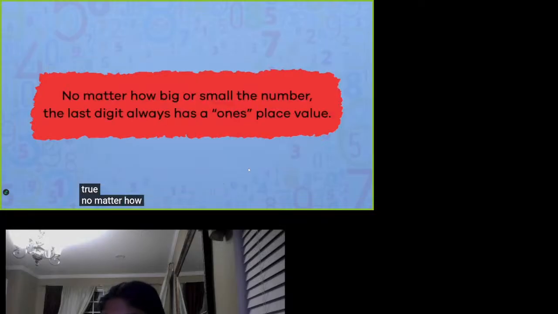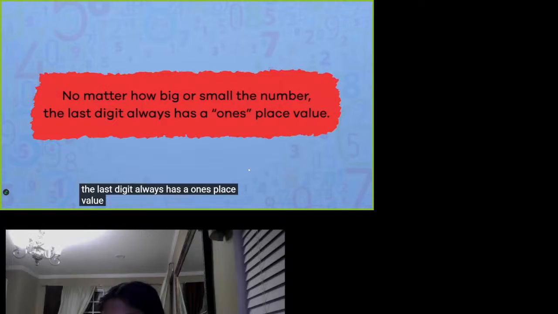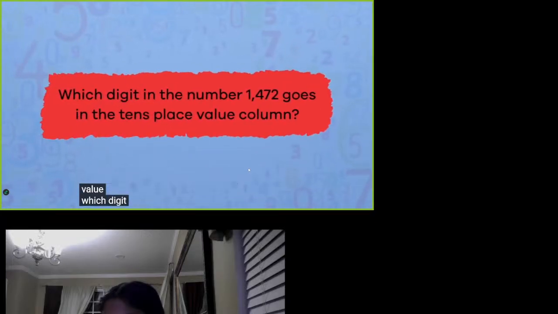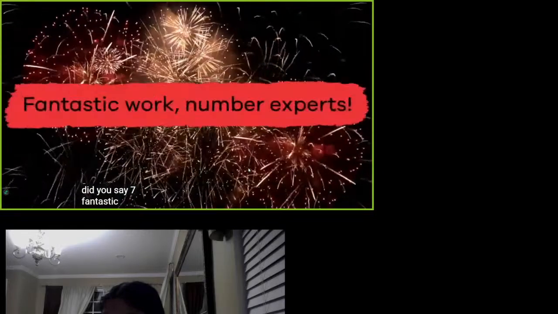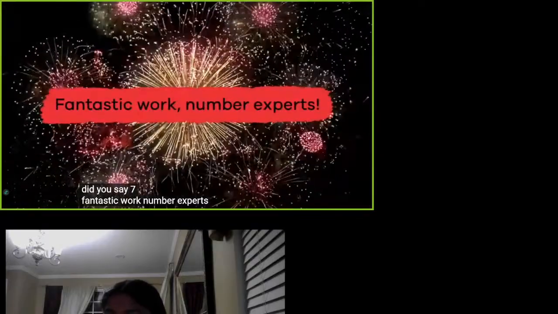No matter how big or small the number, the last digit always has a ones place value. Which digit in the number 1,472 goes in the tens place value column? Did you say 7? Fantastic work, number experts.